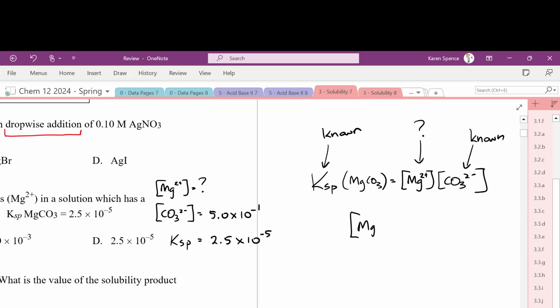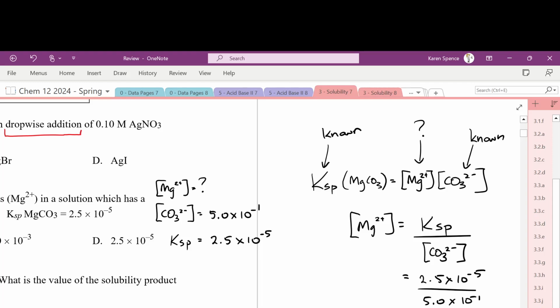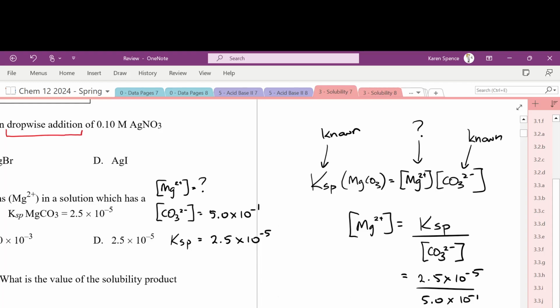The concentration of Mg2+ is equal to the KSP divided by the concentration of CO3 2-. So that's going to be 2.5 times 10 to the minus 5 divided by 5.0 times 10 to the minus 1, and we get 5 times 10 to the minus 5.